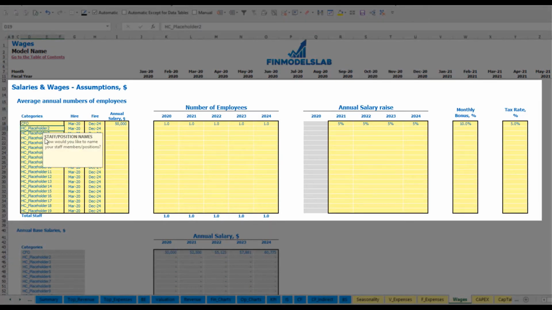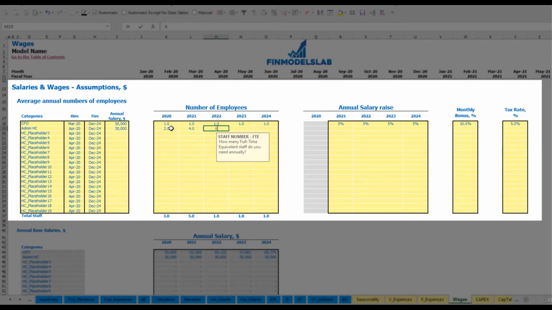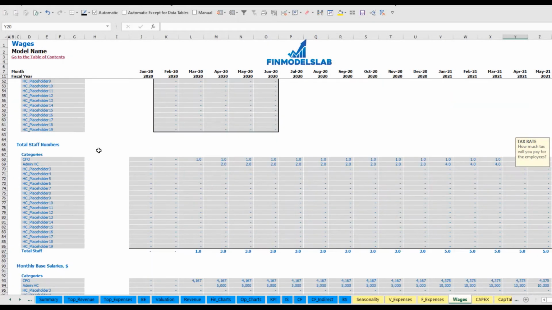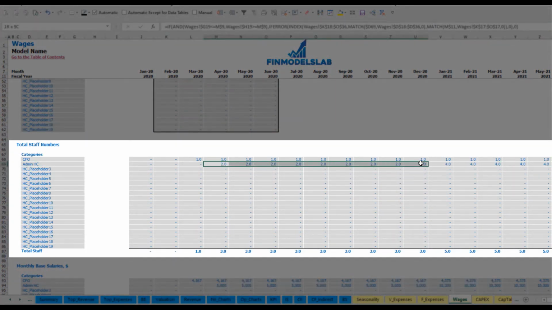Another option would be admin account, which will start in April, which will grow till the end of the model with annual salary of $30,000. Let it be in year number 1, 2, then 4, 6, 8, and 10 headcounts. 3% of annual salary growth, 5% of monthly bonus, and 5% of payroll tax rate. So in here you may see total staff numbers, which is 2 for the year number 1, 2020.